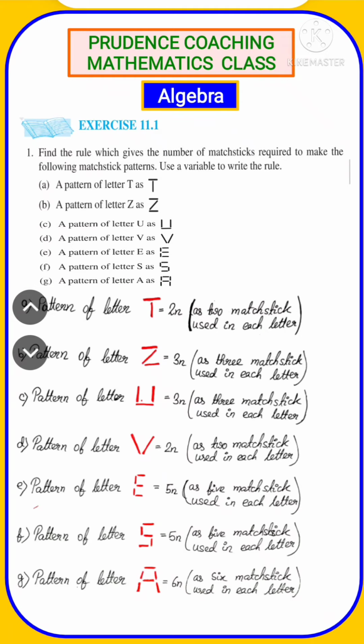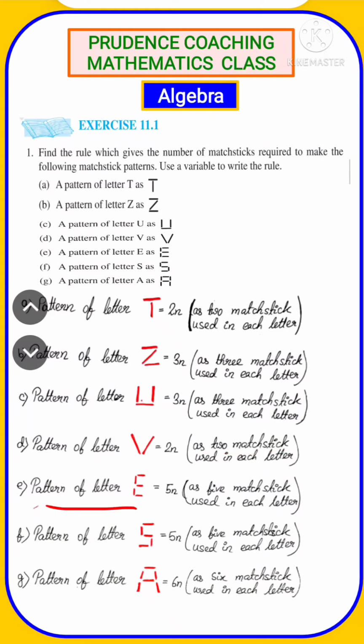So pattern for letter T is 2n as 2 mastics used in each letter. Pattern for Z is 3n as 3 mastics used in each letter. Pattern for U is 3n as 3 mastics used in each letter. Pattern for V is 2n as 2 mastics used in each letter.